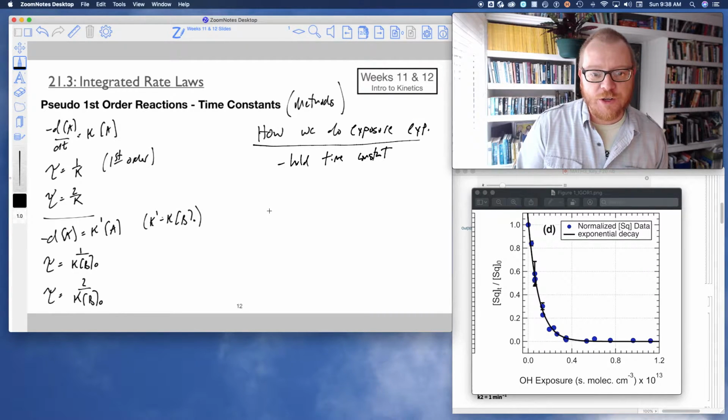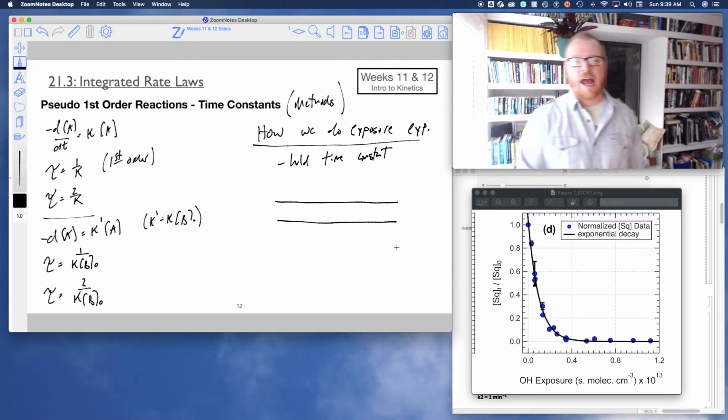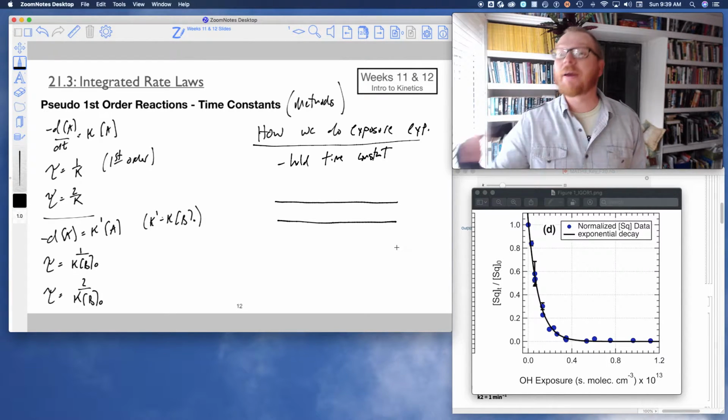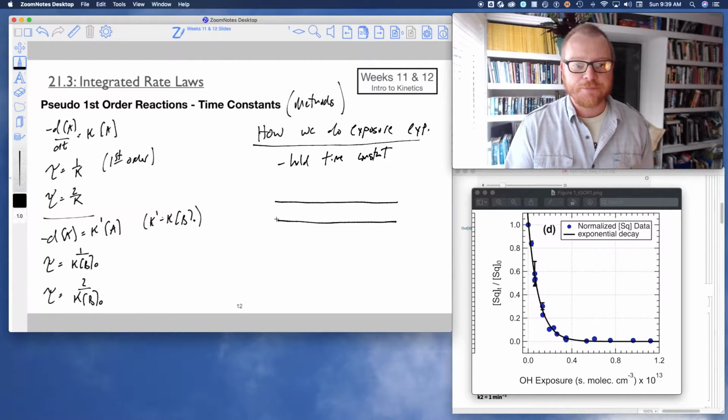Well, what you can use is a flow tube. This can actually be done in the gas phase or liquid phase. I'm going to describe this for the gas phase. But there's a lot of really cool kinetic work coming out doing these types of flow tube experiments in the liquid phase using peristaltic pumps, pumping the reactants as a liquid phase through a flow cell.